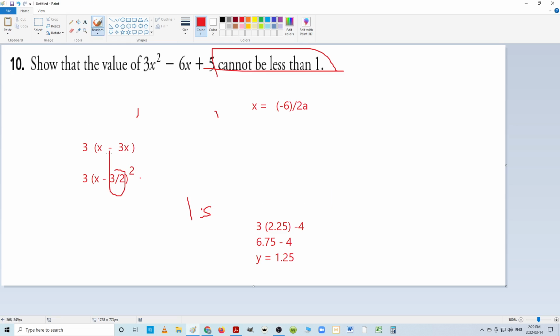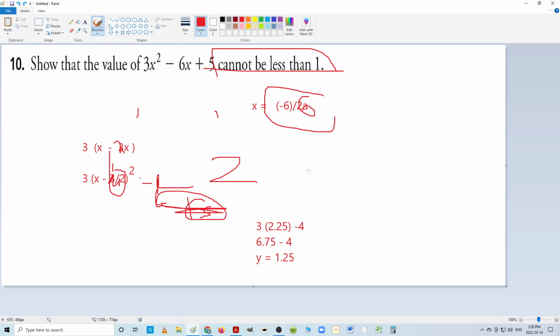When I factor out 3 here, this is minus 2x, which means this is x minus 1, which means the number I'm subtracting is minus 1. 3 times that makes 3, 1, plus 5, so we're really talking about 2. So anyway, if I take b divided by 2a, which in this case is minus 1 divided by 6, I get an x, so I did do the x wrong.